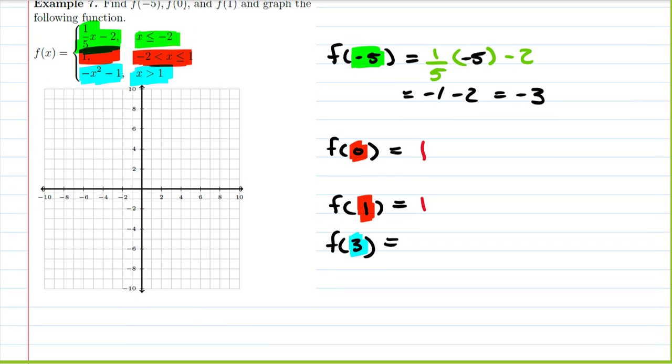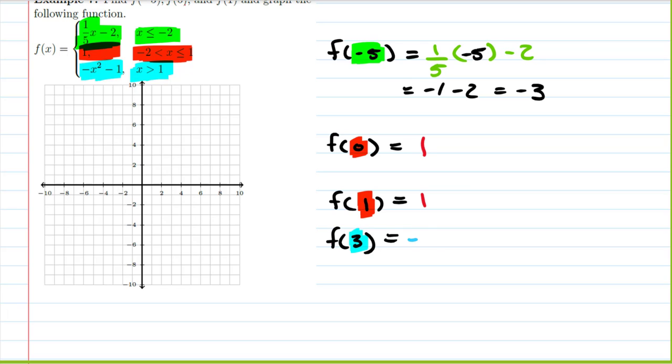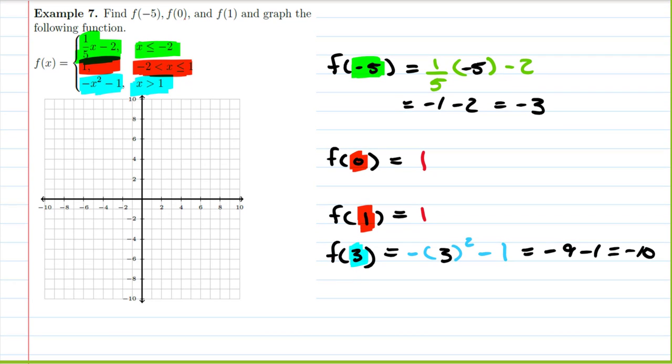So I would have negative x squared take away 1, where my x is 3. So then I would simplify that. So 3 squared is 9. So I would get negative 9 take away 1. That's going to give me negative 10. And that would be my corresponding output for f of 3.